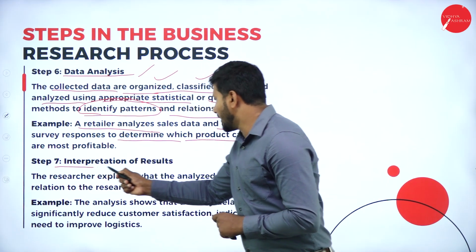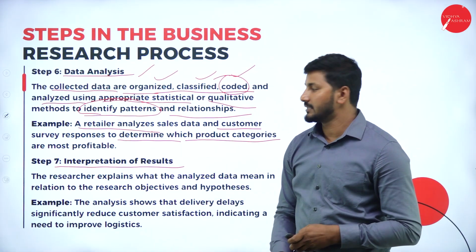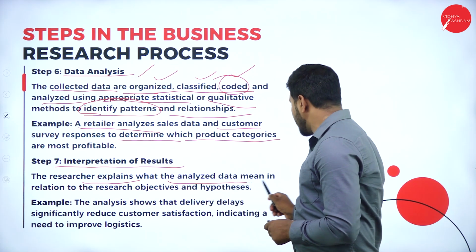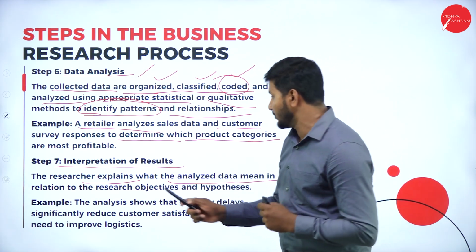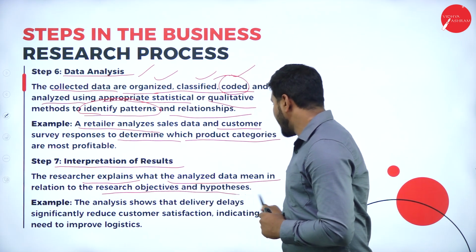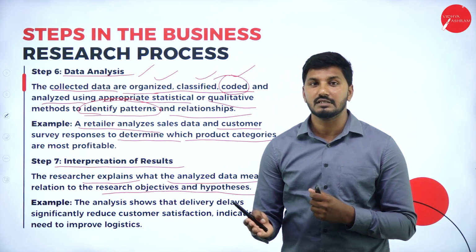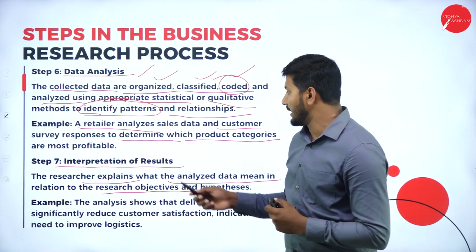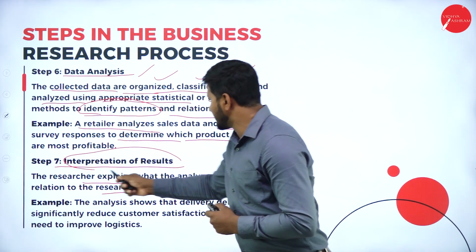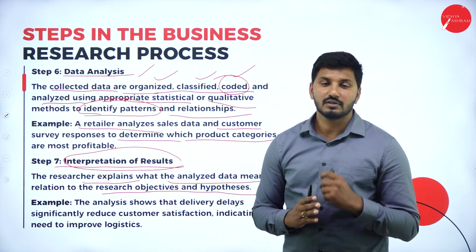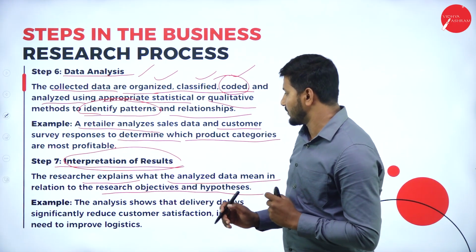Then the seventh one, interpretation of results. Here the researcher has to explain what the analyzed data mean in relation to the research objectives and hypothesis. How it is related to the research hypothesis, the formulation of objectives related to the interpretation of results. The objective and the result should be the same. Only then will the research be successful.